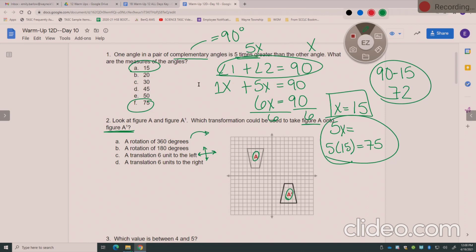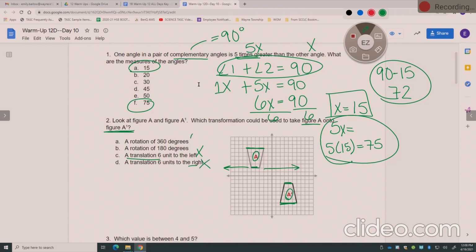So we know our short line is here and our long line is here on this shape. And in our second shape, our short line is here and our long line is here. So there needs to be some kind of a turn happening. A translation, either moving this figure 6 units this way, well, that's not going to work, or 6 units this way.